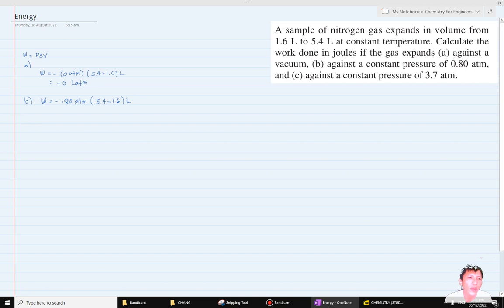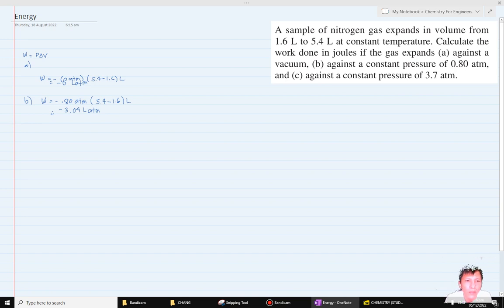Multiplying that difference by 0.8 gives us negative 3.04 liter ATM.